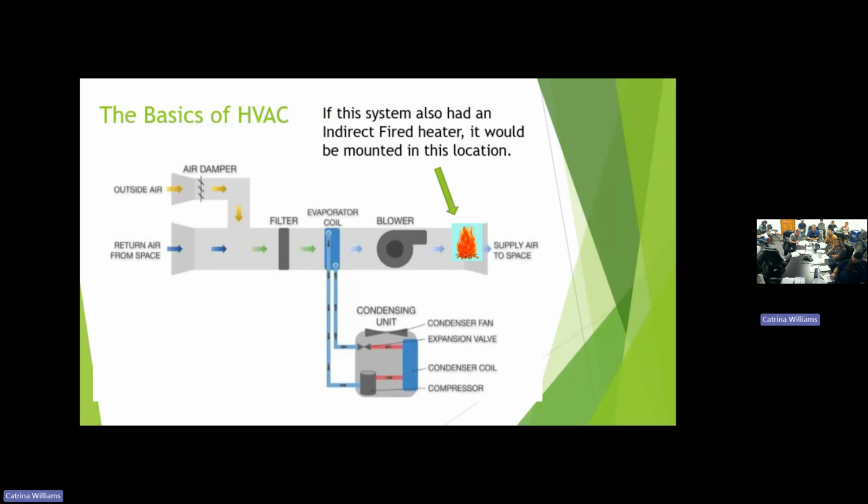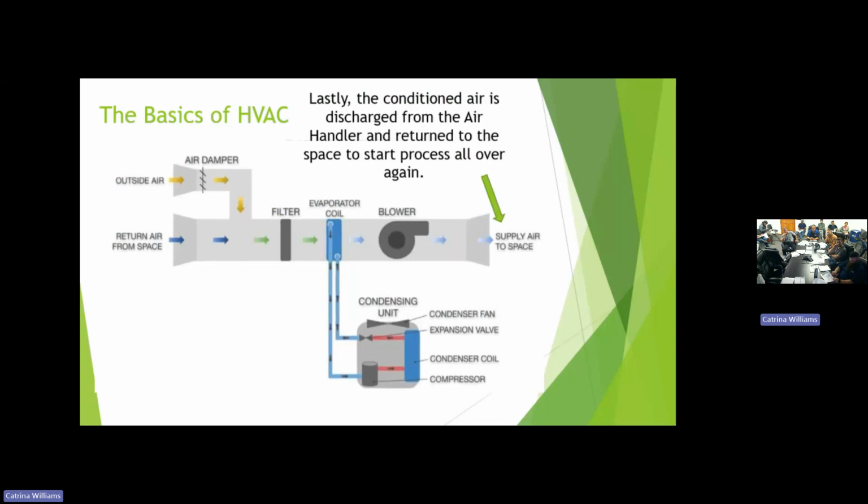But once you go through that, you plug it into the unit, you might bring in some outside air, you've filtered it, you've cooled it down, you're still pumping the air, you may have heated it if you need to. Now we're going to put it back into the space. It comes back into the space again, and it just starts the whole process over and over.